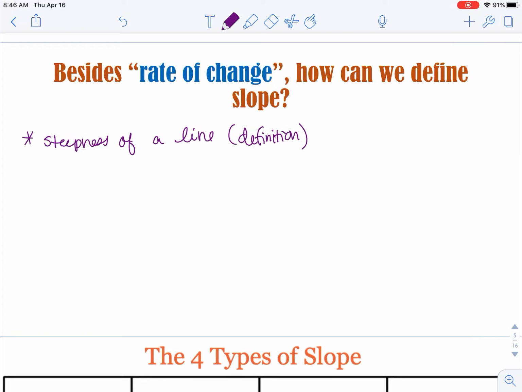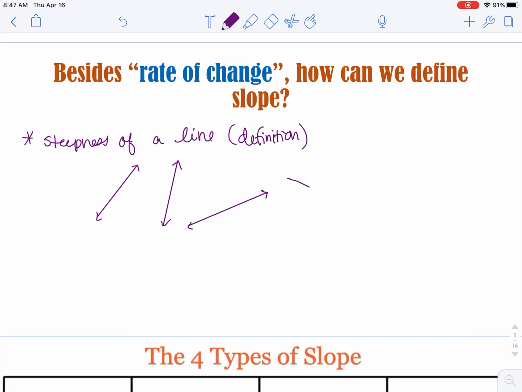The steepness of a line is if I had a line and it was going like this, it is a hill. That's a fairly steep hill. It would be difficult to walk up. This is an even steeper hill. That would be quite difficult to walk up. Let's bring it down even more. That would be fairly easy to walk up.